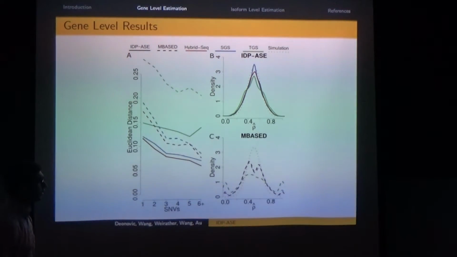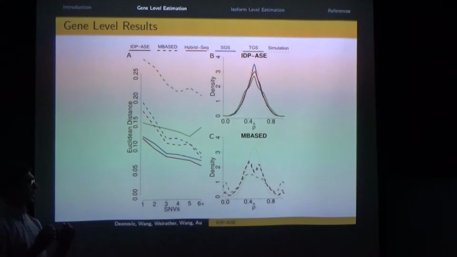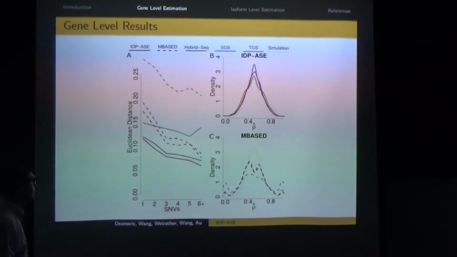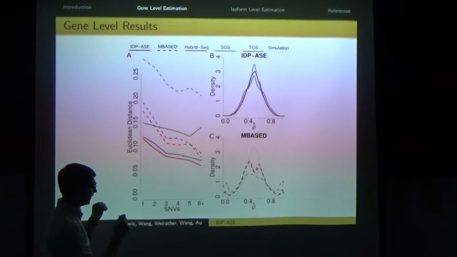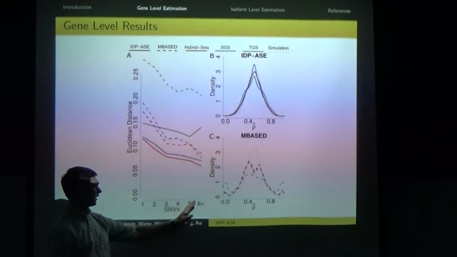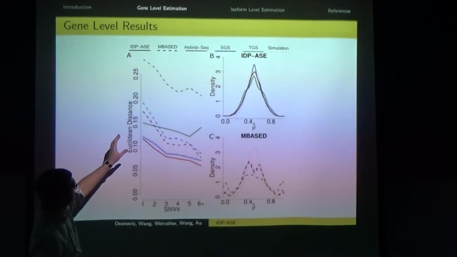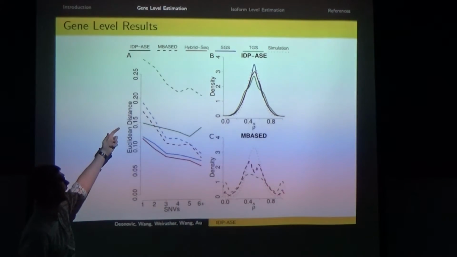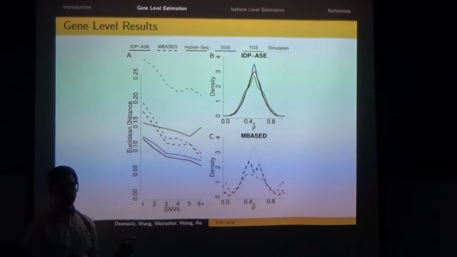These plots show the performance of IDP-ASE for estimating the rho parameter, the extent of ASE. Here in this plot, we have the Euclidean distance of the estimate to the true rho plotted against the number of variants in the gene. You can see here IDP-ASE, the solid lines, tend to dominate the corresponding dashed lines of M-based, indicating IDP-ASE has lower errors, which is better.